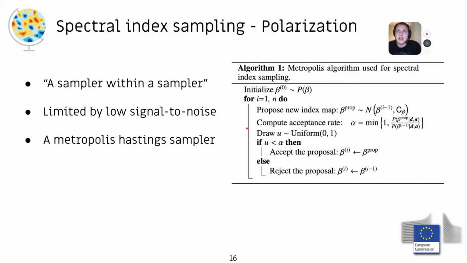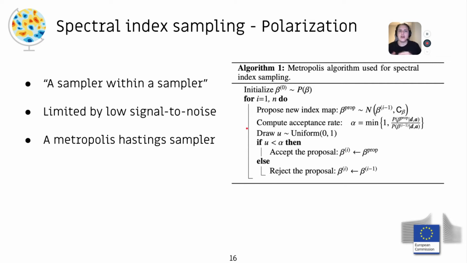So how is it done in practice? How do we draw a spectral index value? Well, for each component, and for every spectral index of that component, if it has more than one, we start out with some reasonable guess and sample changes. We propose changes to that value using a Metropolis Hastings sampler.